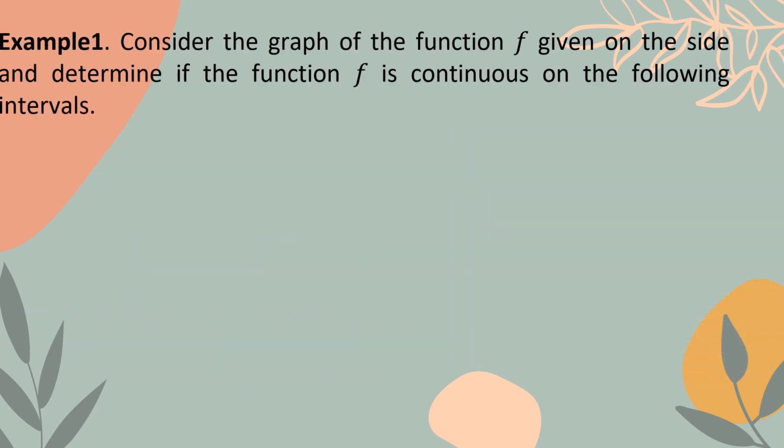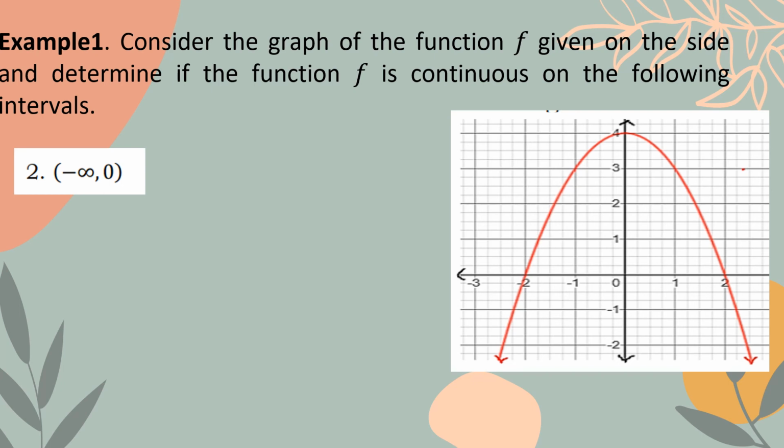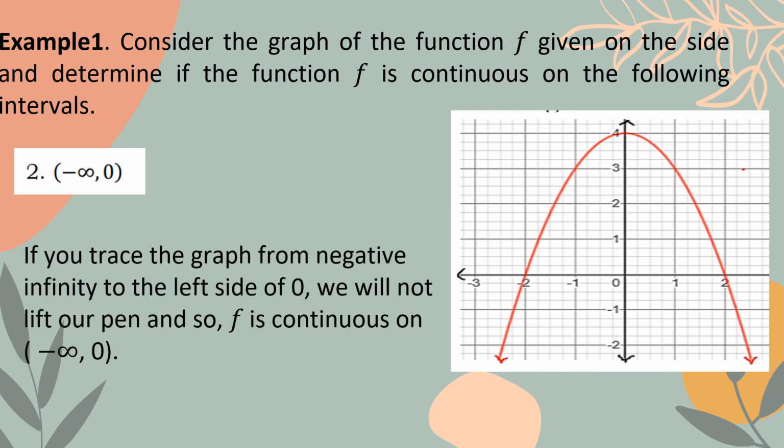We also have number 2, from negative infinity to 0. Where is negative infinity? Here, negative infinity and 0. So, what's the answer?